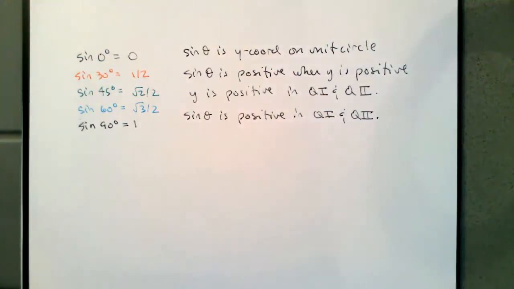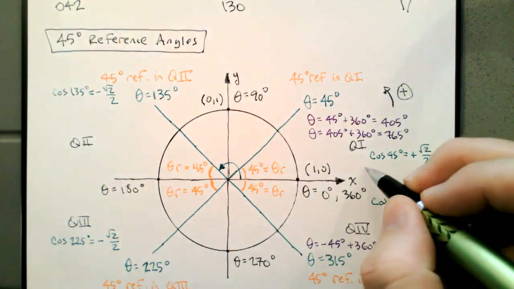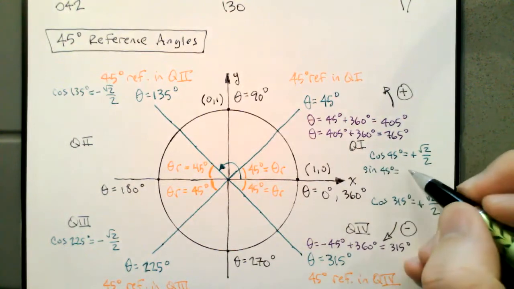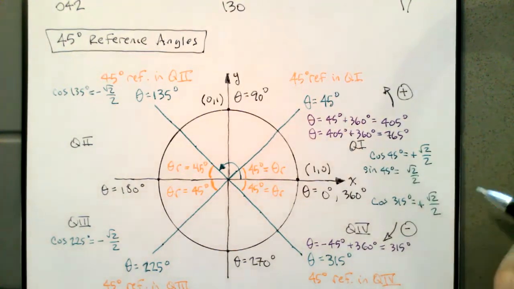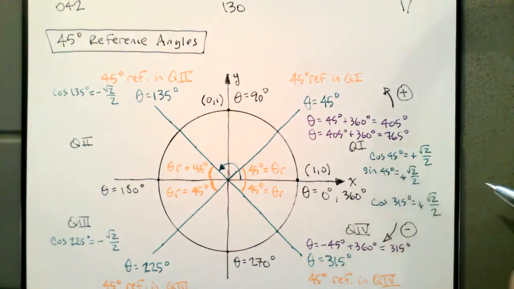So we'll do the same thing going around the circle. If I want the sine of 45, 135, 225, and 315, those all have 45-degree reference angles. So for sine of 45, we get the value root 2 over 2 from the trig function and the reference angle, and we get the sign, positive, from the trig function and the quadrant.